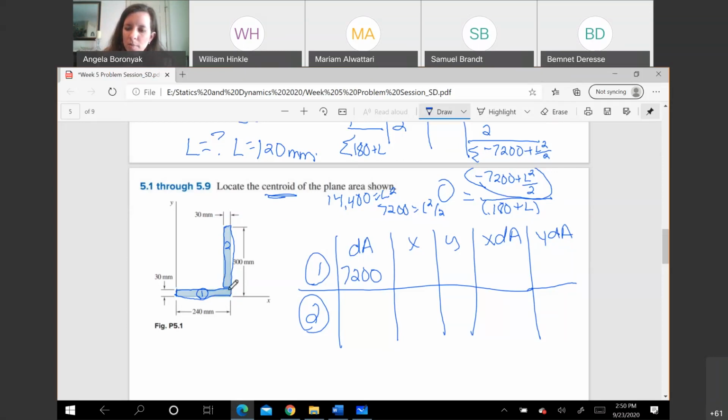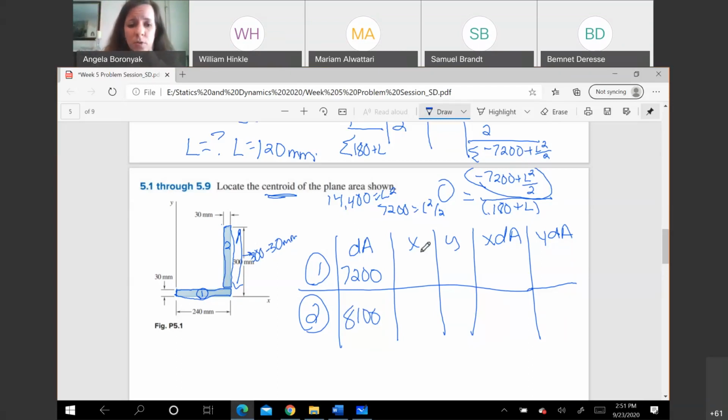It starts 30 millimeters up. So I have to take 300 minus 30 millimeters for this length. Then multiply it by 30, and that gets me 8,100. Or you could take the total area and subtract that. If you draw your lines sometimes, then you forget which area you used and what part, and you'll overcount that area. That won't get you the correct answer, okay? So do be careful with that.